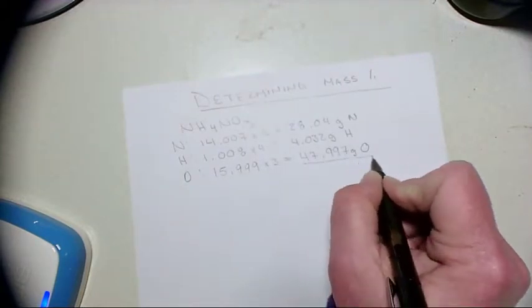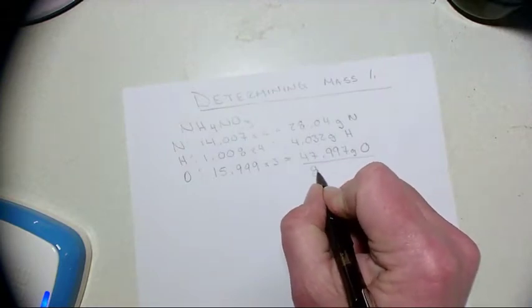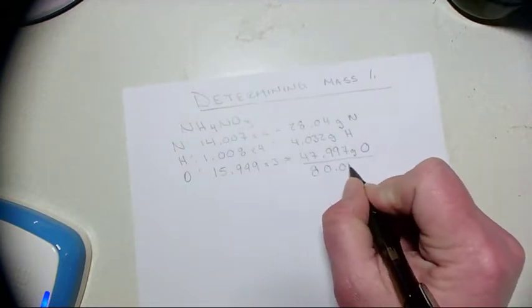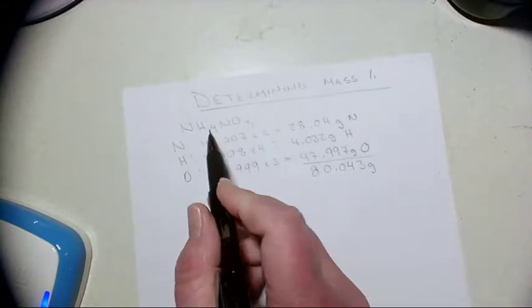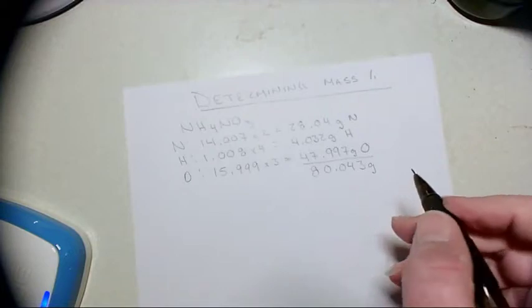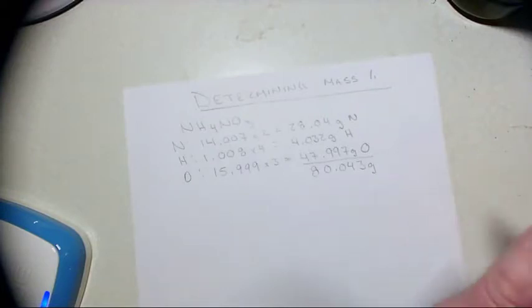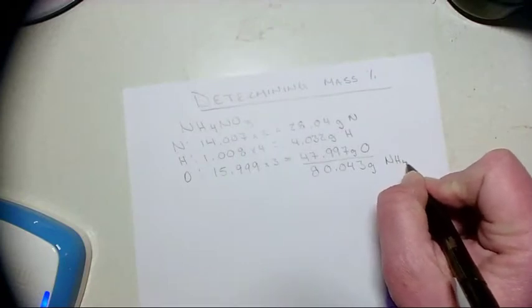So let's add them all up, and we get 80.043 grams per mole of our ammonium nitrate. So this is grams per mole. Well, we won't write that right now. Grams of NH4NO3.